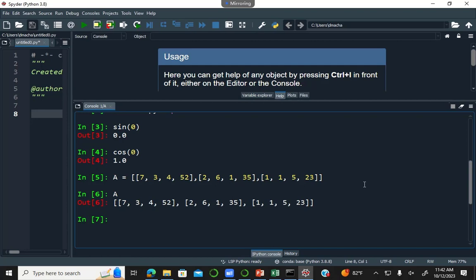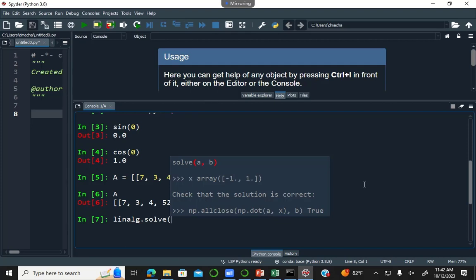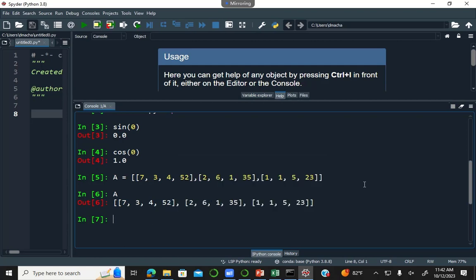Then what we're going to do is type in linalg.solve, and we're going to type in A, comma... hold on. I didn't do this right. Okay, sorry. We're going to try this again. This time we're going to leave off the last column.